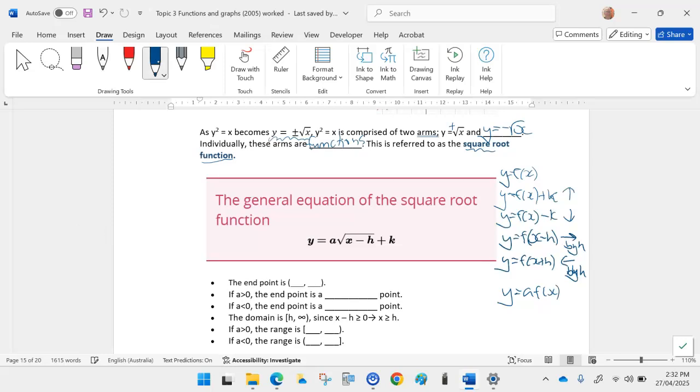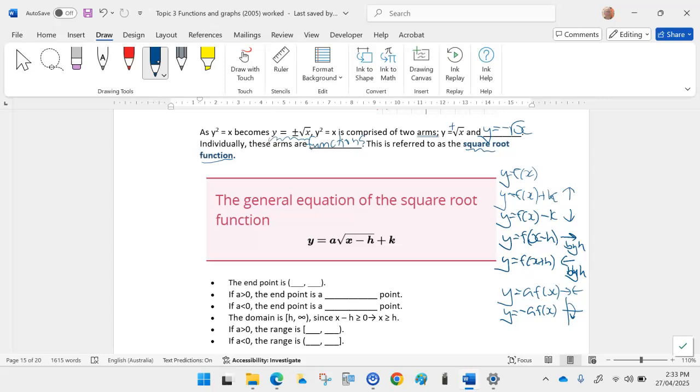If a is positive, the shape basically bends towards the y-axis. If y becomes multiplied by negative, all of a sudden all the y values become negative, so it swaps over y values and x values.